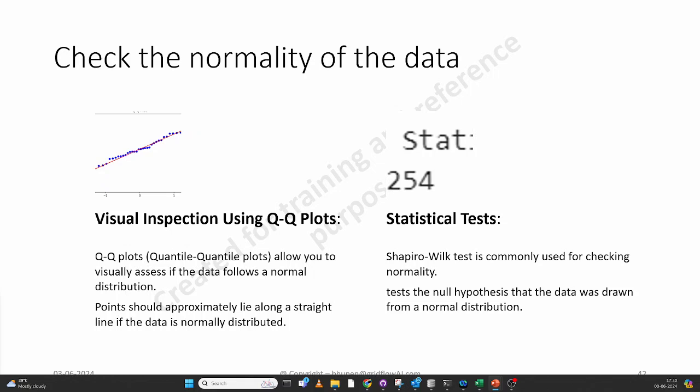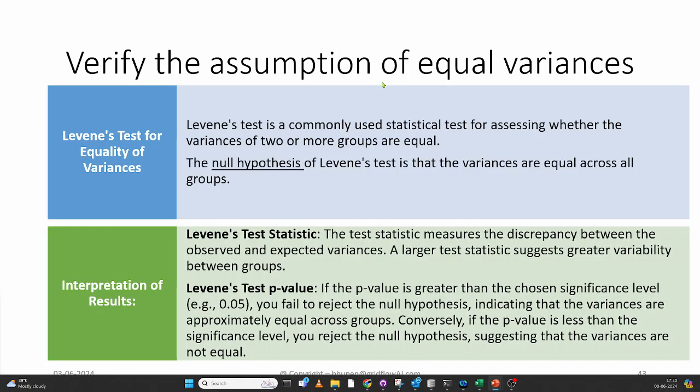And then similarly, you have statistical tests as well. You can make use of those tests to check for normality. I'm going to show you the Python code for both of these. So that's checking the normality of the data.